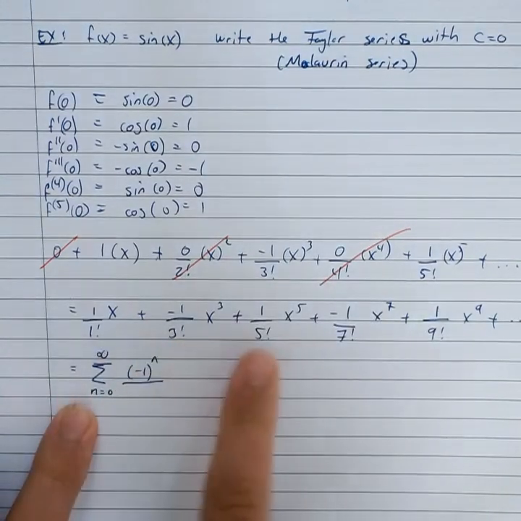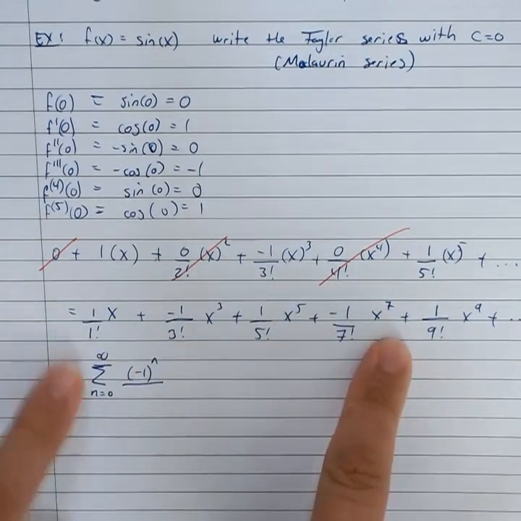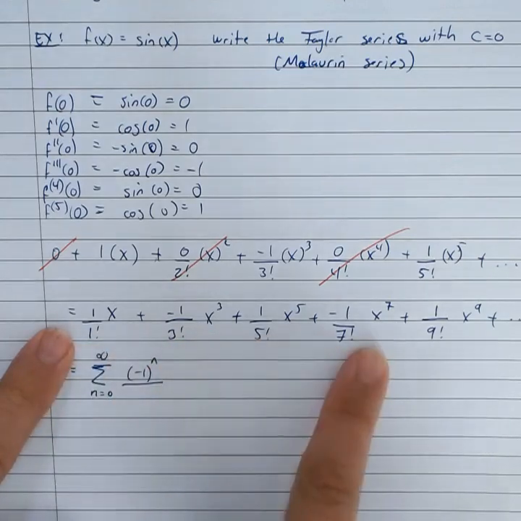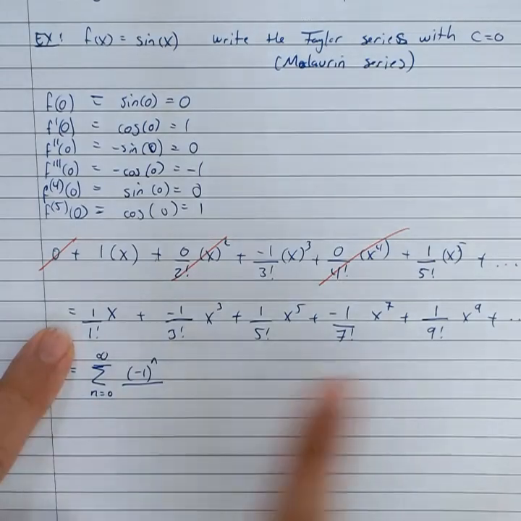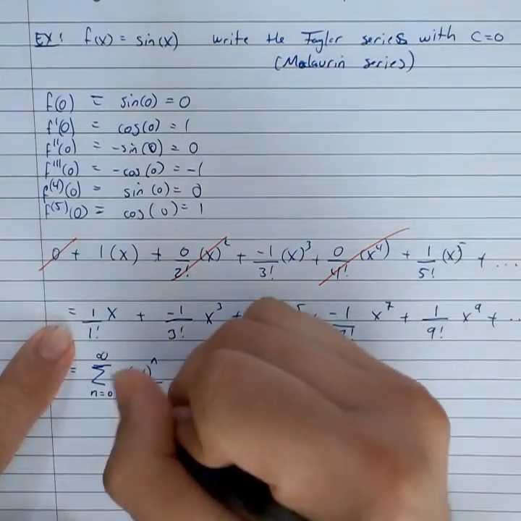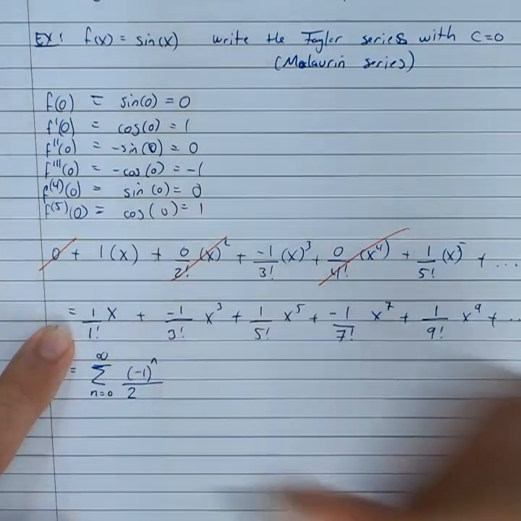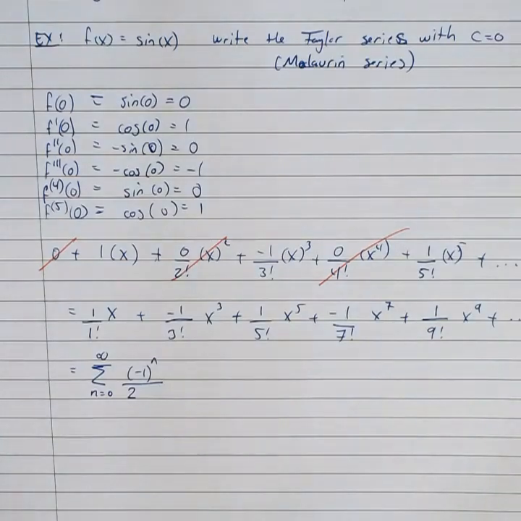Well, my denominators are factorials. Oh, but they're not every factorial. They're every other factorial. They're the factorial of every odd number. Oh, well, we saw how to write odd numbers in, what would that have been? I guess that would have been section 9.1 when we were talking about writing the nth term of a sequence.